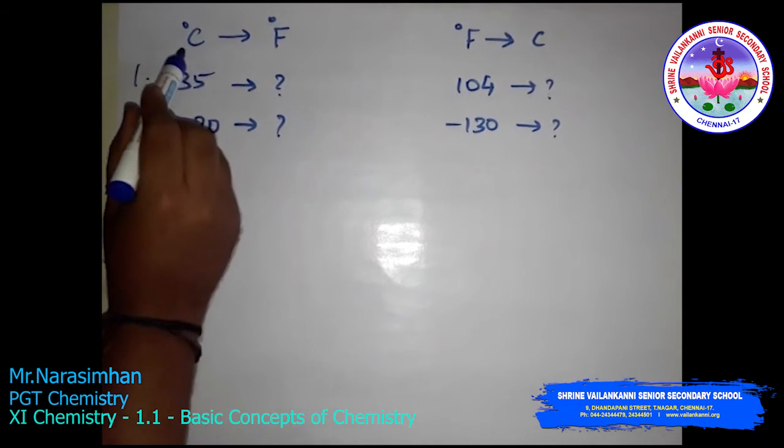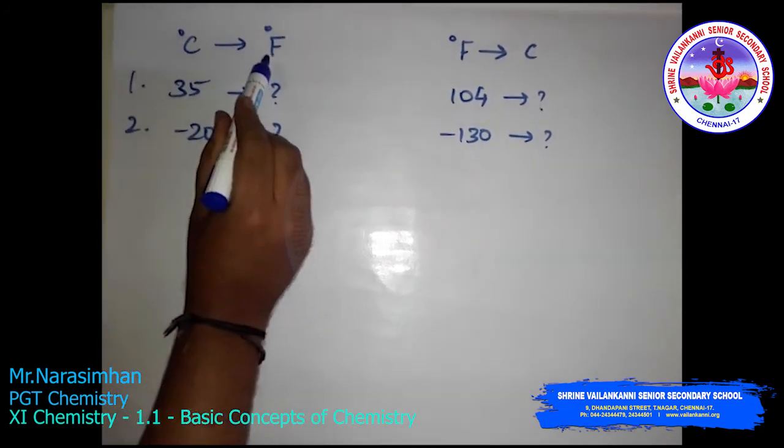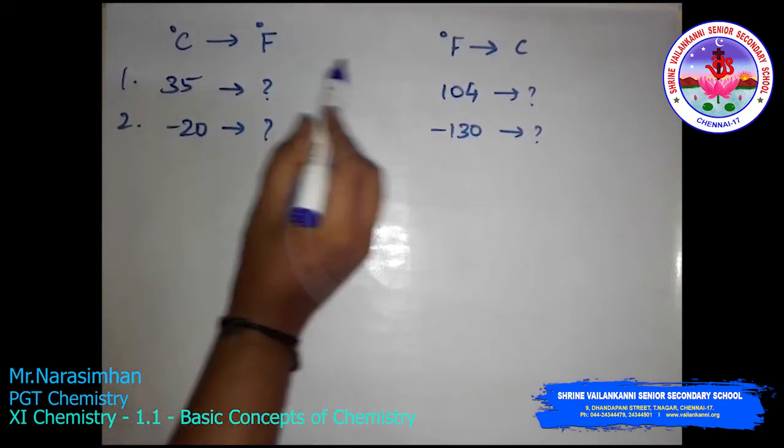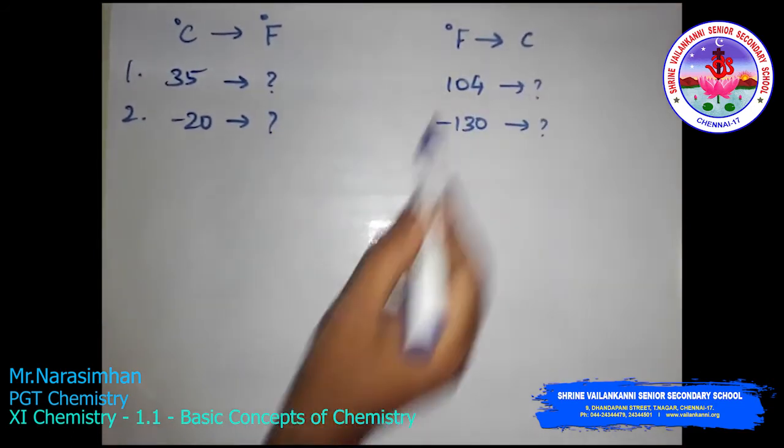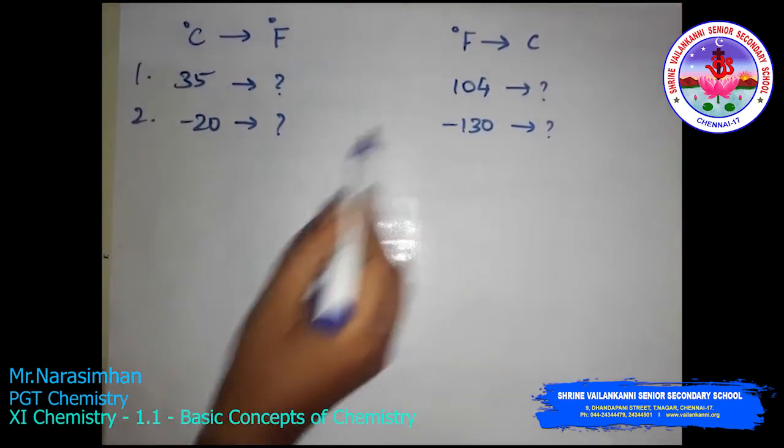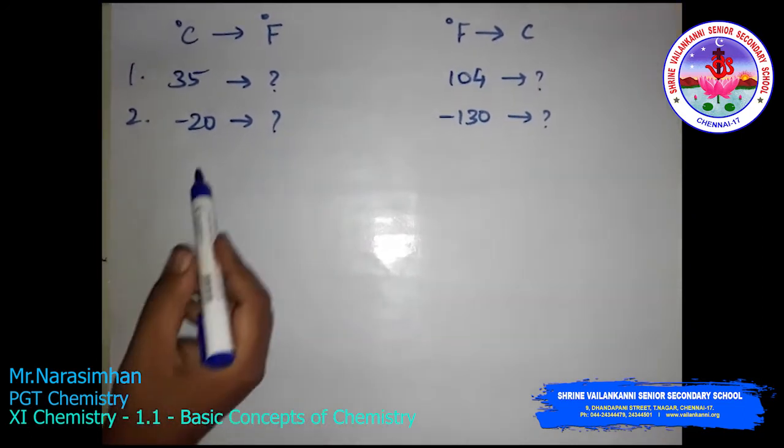Now we will see some examples: conversion of degree Celsius to degree Fahrenheit, and the opposite, degree Fahrenheit to degree Celsius. I will work out this example.